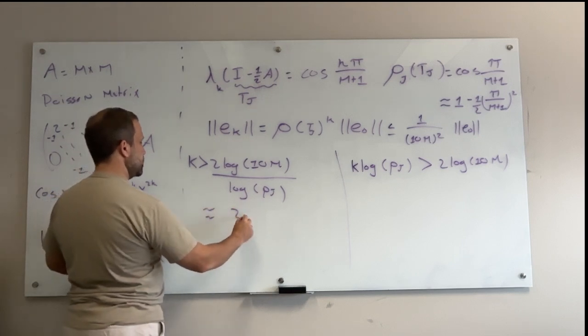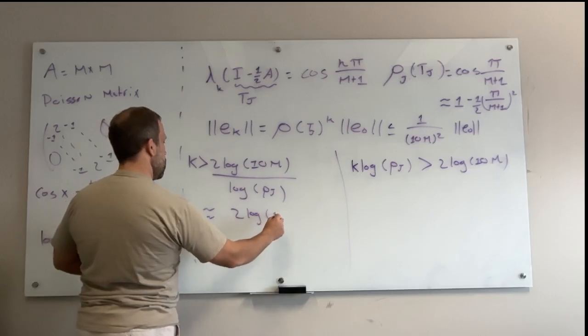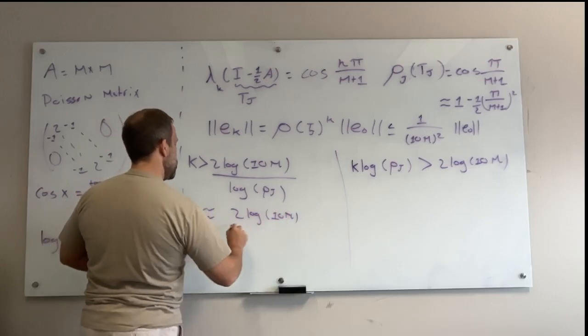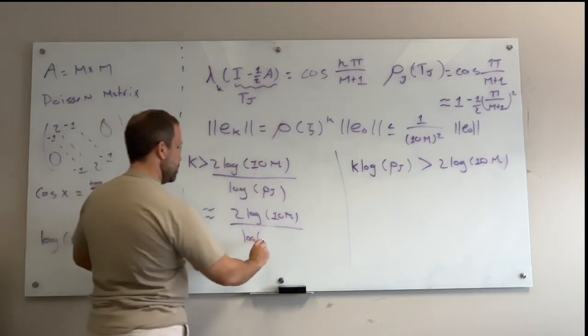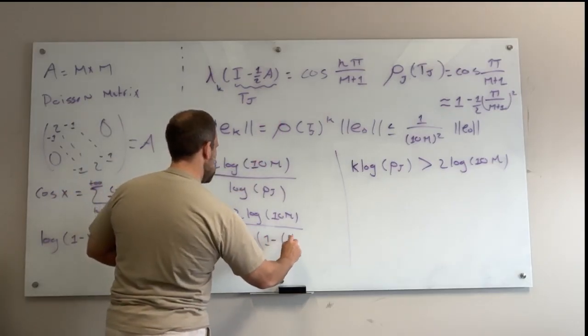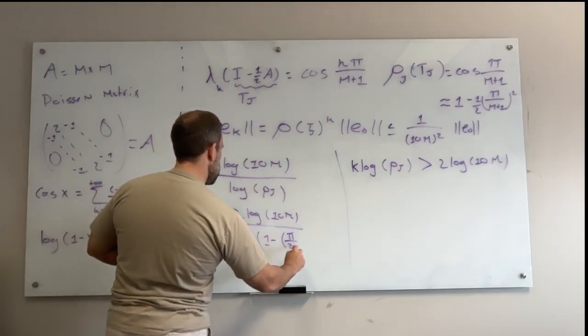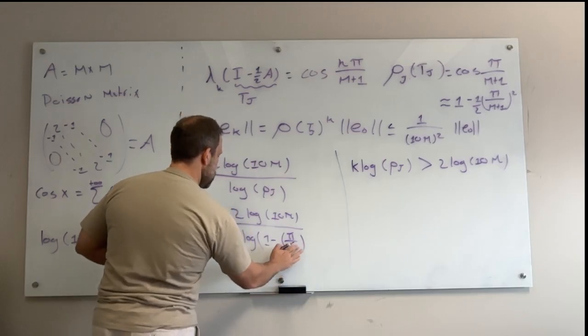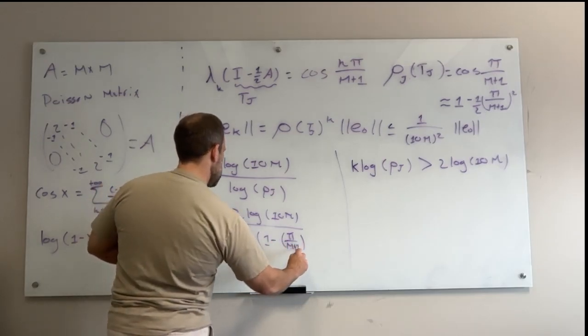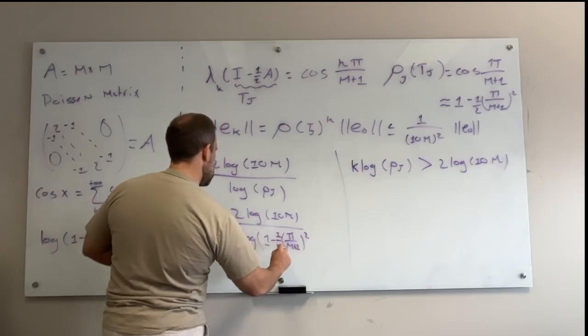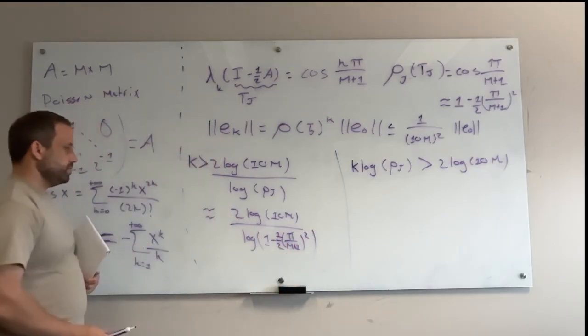This is approximately equal to 2 log of 10m divided by log of 1 minus pi over m plus 1, squared, with the 1/2 there.